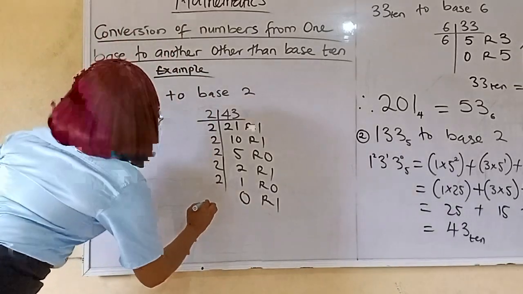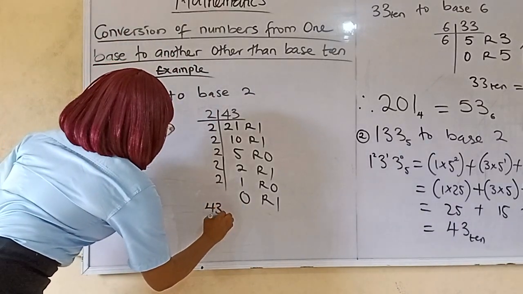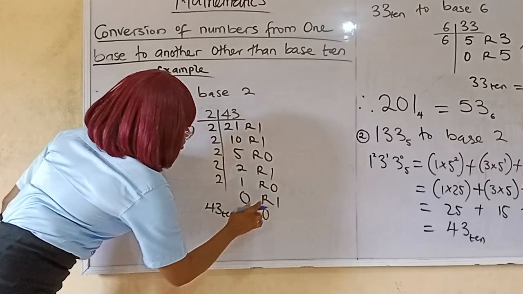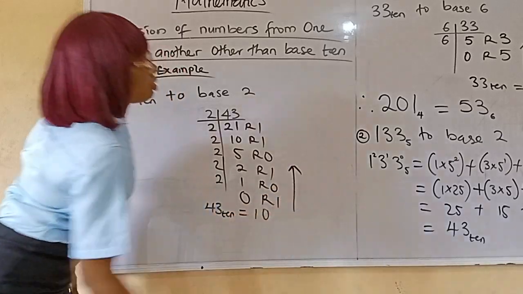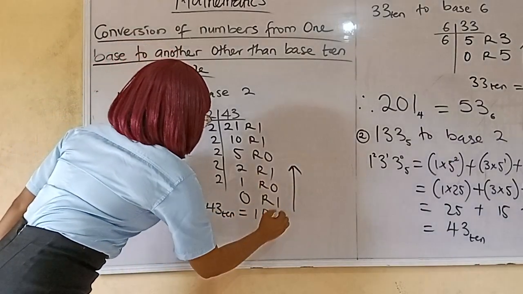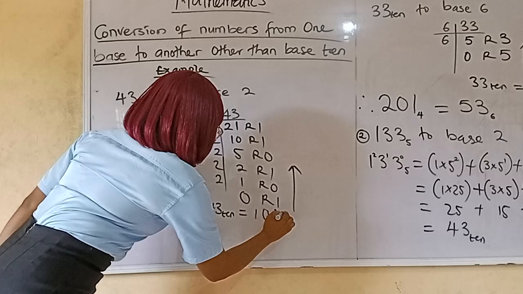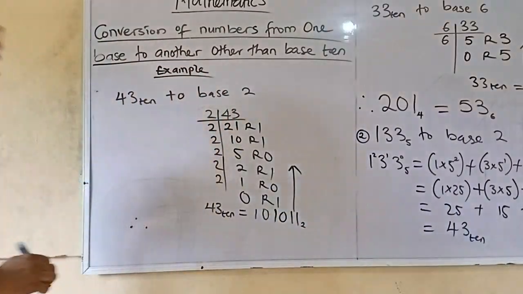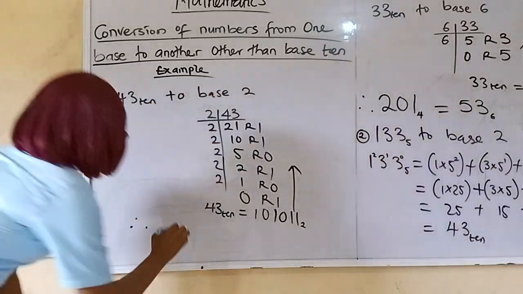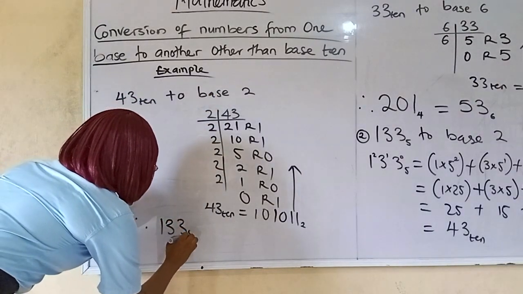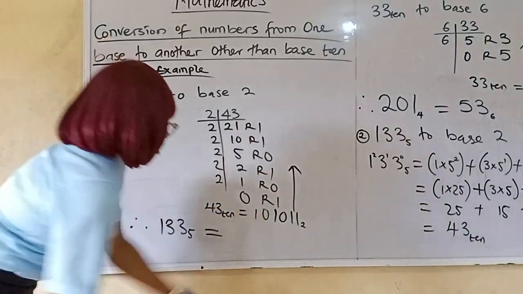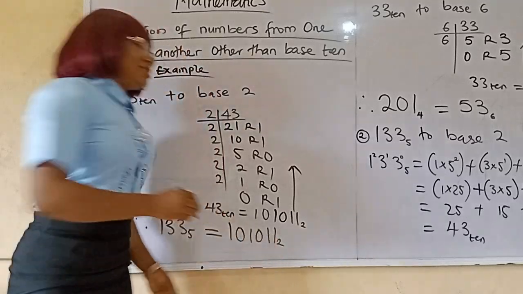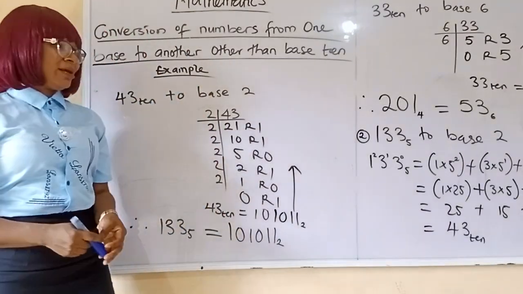So 43 base 10 is equal to, remember you read it upward, 101011 base 2. So to conclude, 133 base 5 is the same as 101011 base 2. It's pretty simple, right?